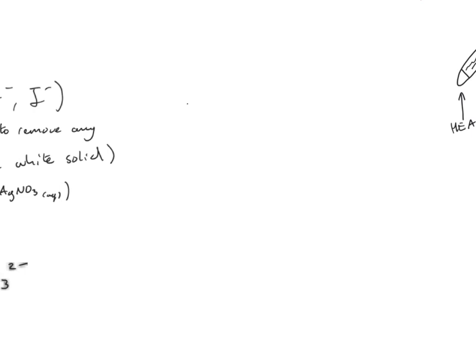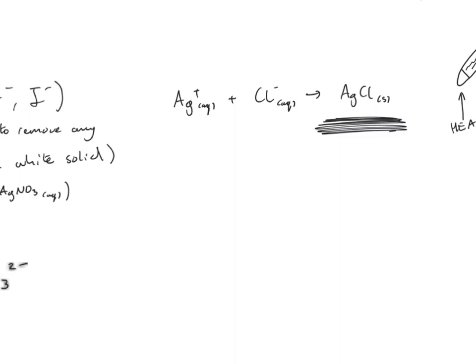So if I do the ionic equation, if we have chloride ions present, silver reacts with the chloride ions, forming silver chloride, which is a solid, and that is a white precipitate. I'm going to use PPT as the shorthand way of writing precipitate.